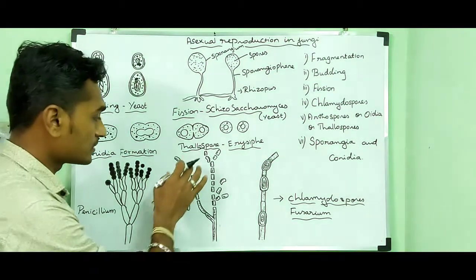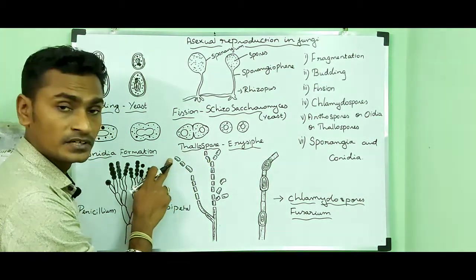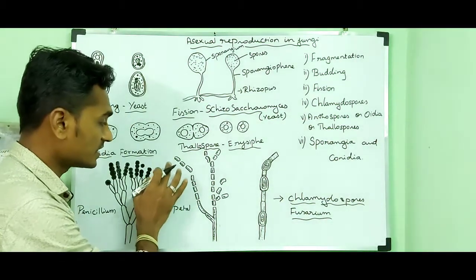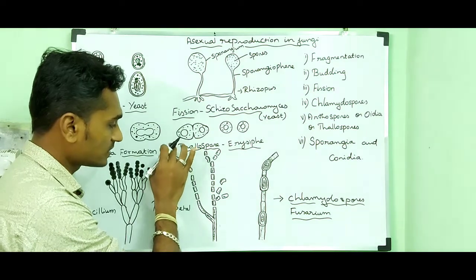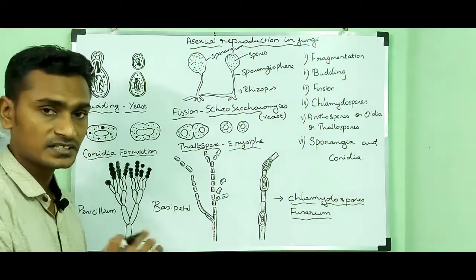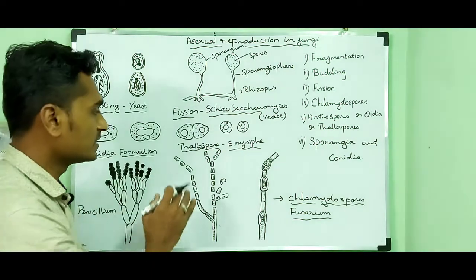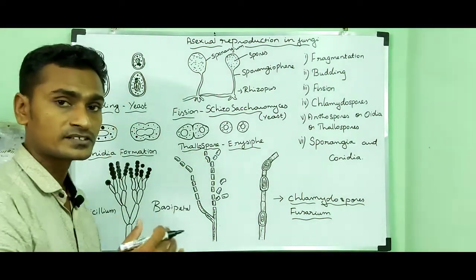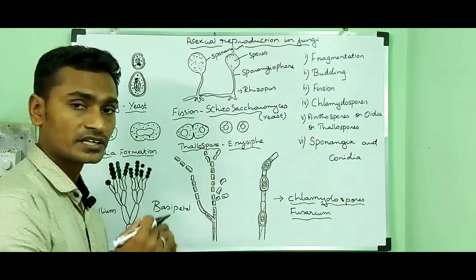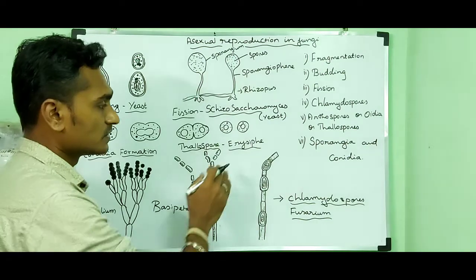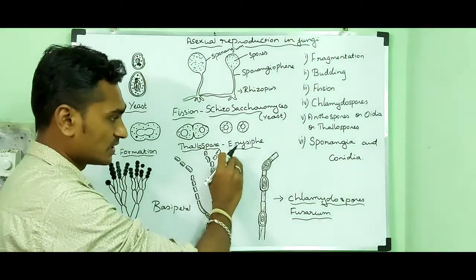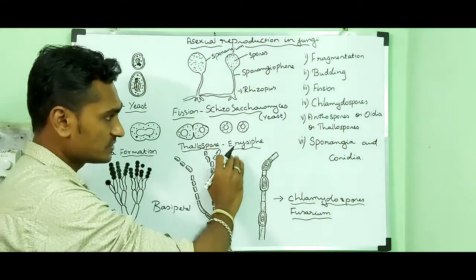That means the separation starts from the apex towards the base of the hyphae, and that succession is called basipetal succession. On germination, each thallospore may give rise to a new fungus. An example for thallospore is Erysiphe.